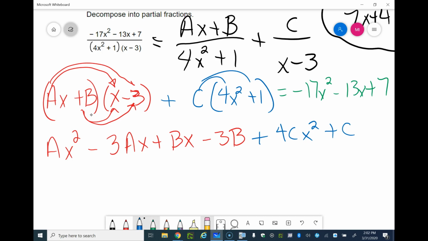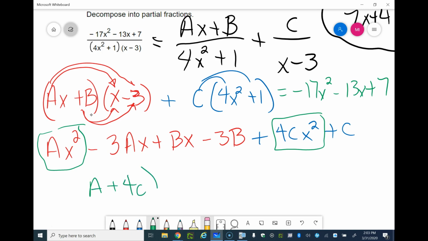If I highlight this x squared and this x squared, it seems like I can pull out an x squared and leave it on the outside, which leaves me with just the a and the 4c left over. So I'm going to have a plus 4c, and I'm going to pull out the x squared.